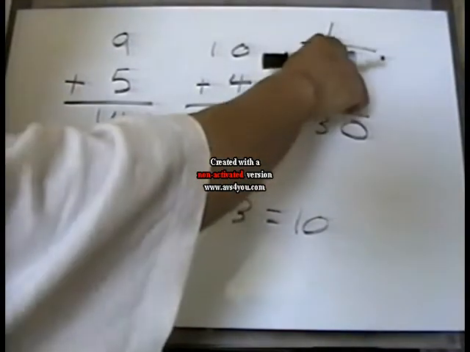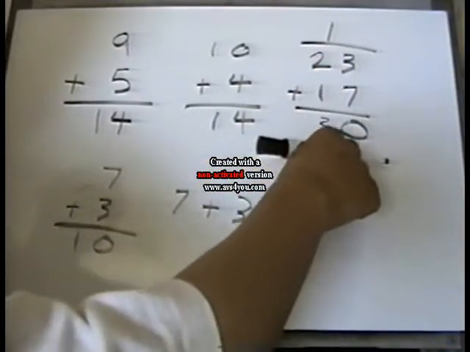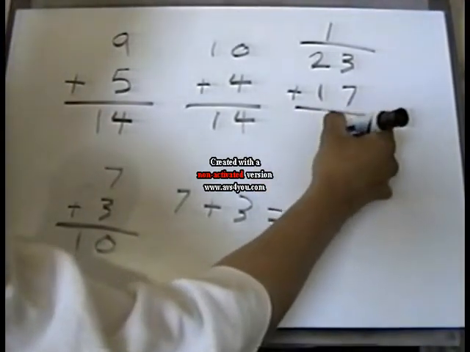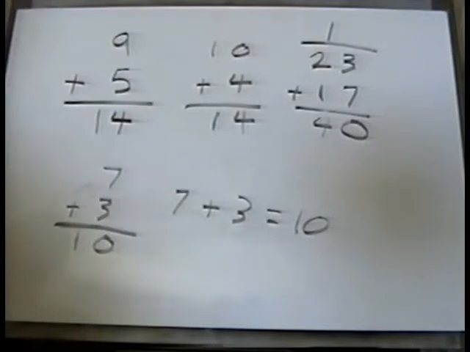Now we add 2 plus 1, that gives us 3. Okay, but we add that to 1. So you get 4. 40.